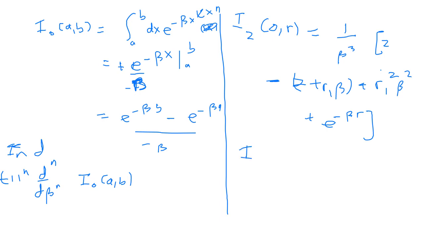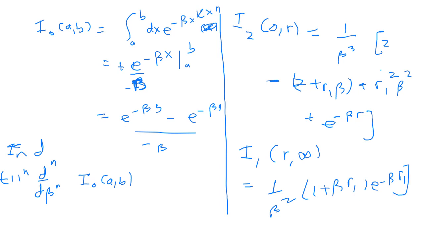Similarly for I1, the other one, going from R to infinity, you get 1 over beta squared times 1 plus beta R1, times e to the minus beta R1. I think this is all.